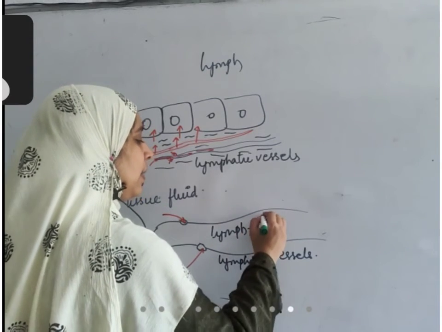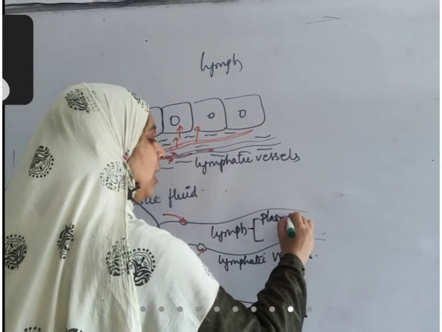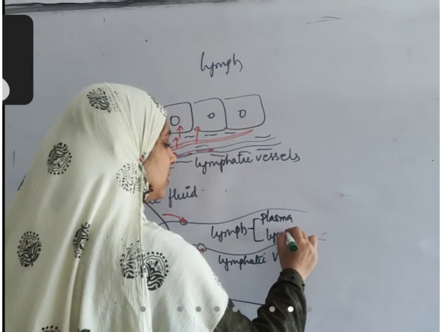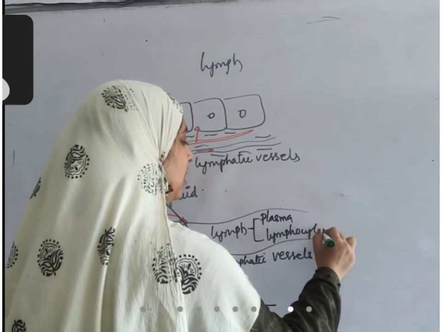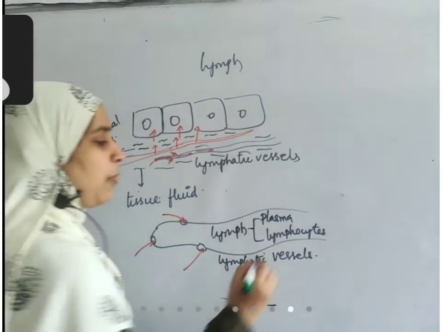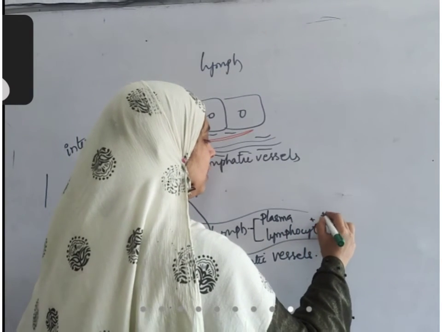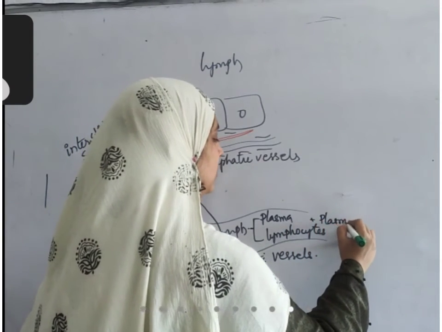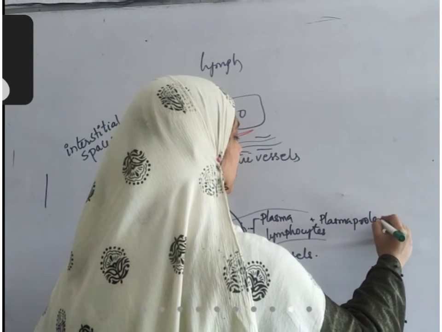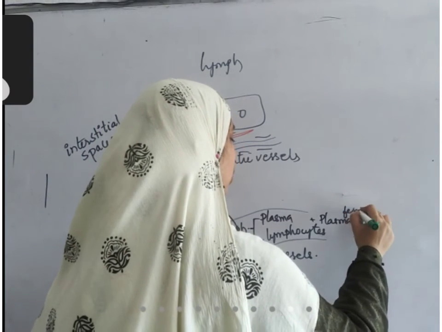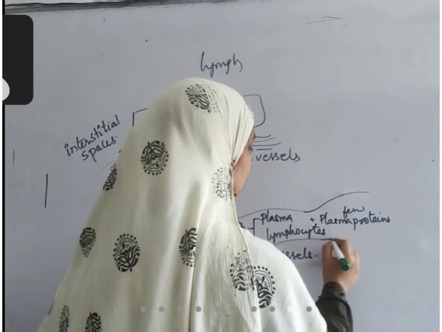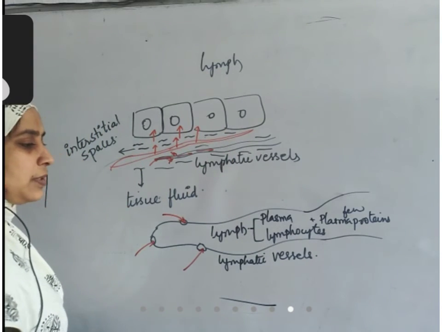Lymph has plasma and lymphocytes. Only a few plasma proteins are present, not all the proteins.